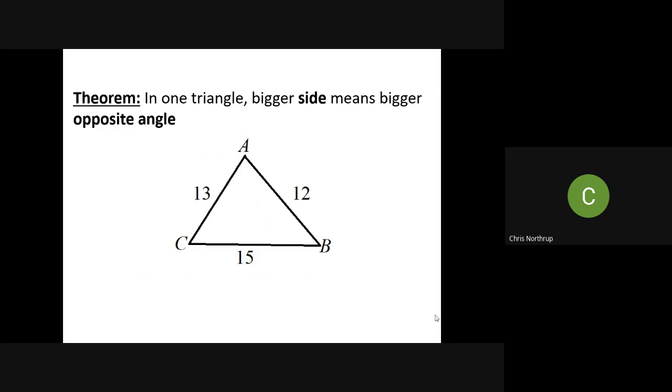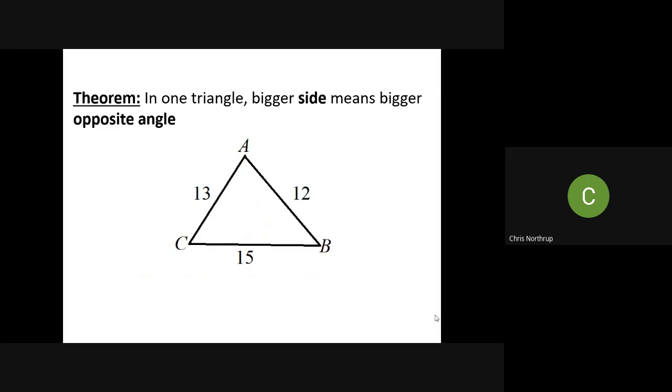Since AB is 12 and CB is 15, 12 is smaller than 15, so therefore the measure of angle C is going to be smaller than the measure of angle A because the side opposite each respective angle is smaller. So since 12 is less than 15, the measure of C is less than the measure of A. Also, since 13 is bigger than 12, the measure of angle B is going to be larger than the measure of angle C, and so on.